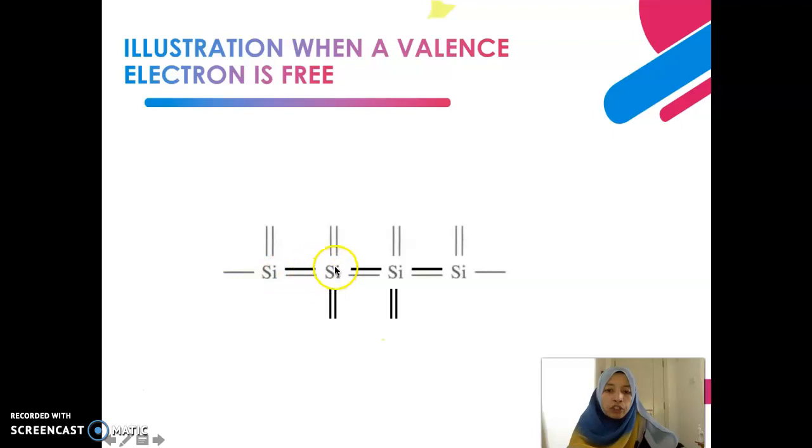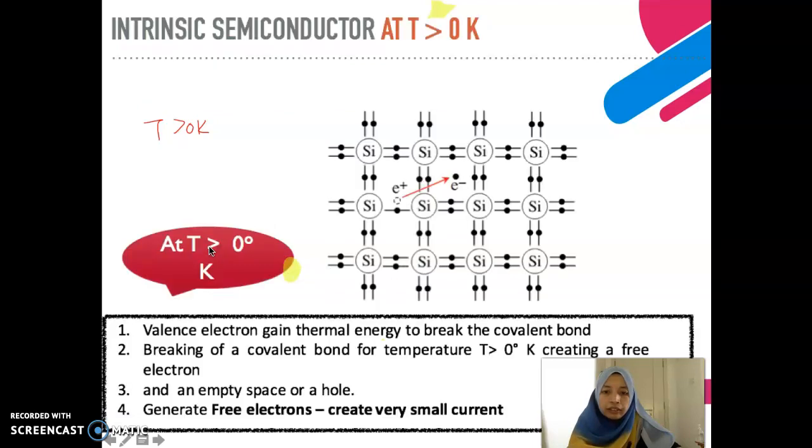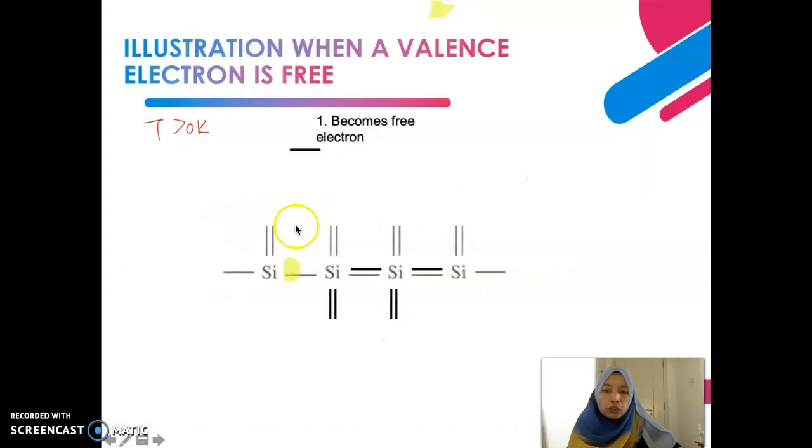So this is a pure semiconductor. We have silicon, and exists here is a covalent bond. So once you are gaining thermal energy when you apply a heat, T equal more than 0 Kelvin. So you can see at the slide here where it start to move up.